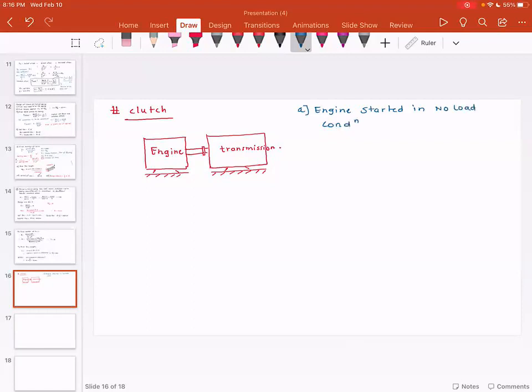What it means is, when we start the engine, we put the car or the transmission in neutral, and in neutral the transmission is actually declutched. In other words, the transmission is separated from the engine. When the engine starts running and picks up speed, at slow speed we connect these two shafts together and align those. Then the power transmission from engine to the transmission can start.